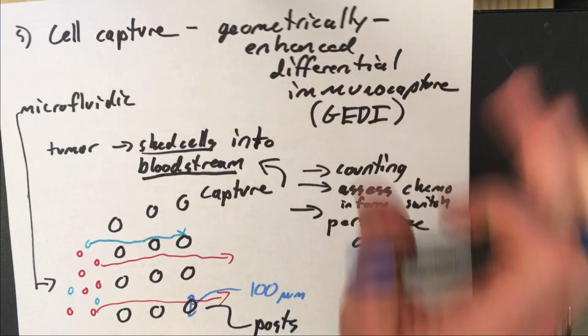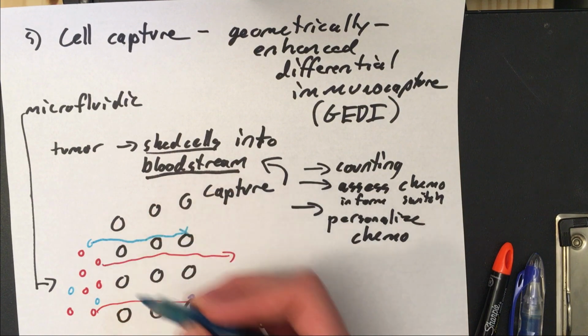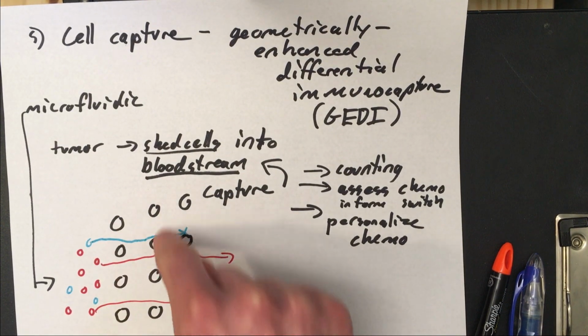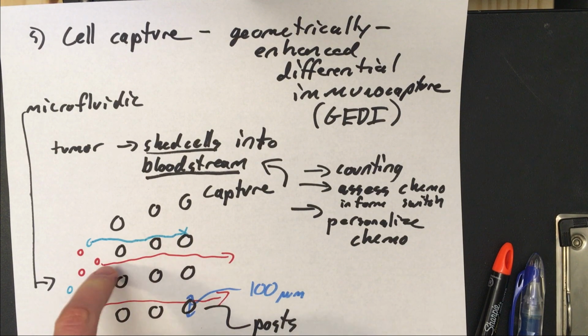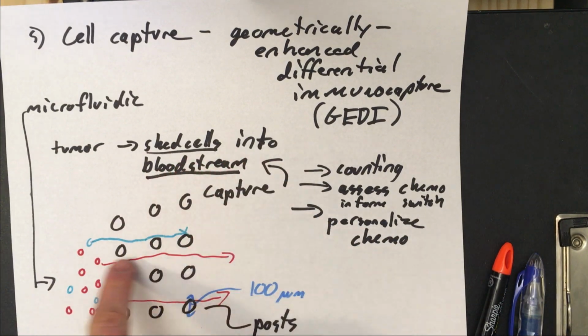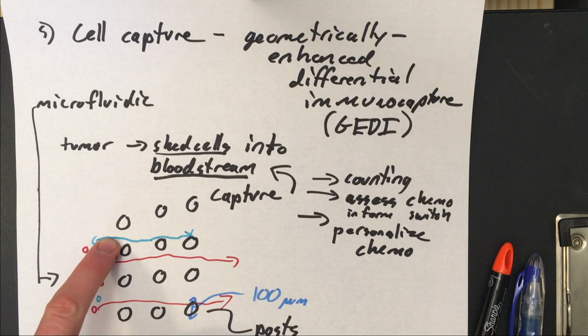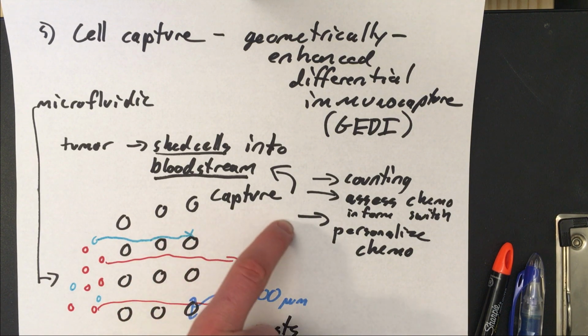And it turns out that cancer cells tend to be a little bit bigger than blood cells. So we designed the geometry of these posts very carefully, where each set of posts was offset a little bit, where cancer cells, after bumping into a post, due to their larger size, would be displaced onto a fluid streamline where they encountered all of the posts over and over and over again.